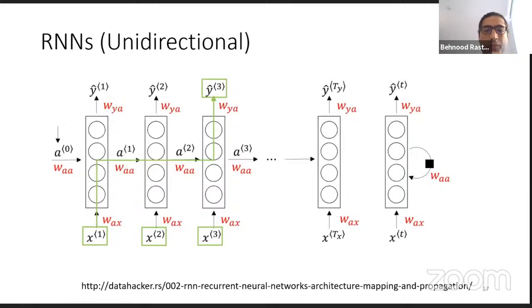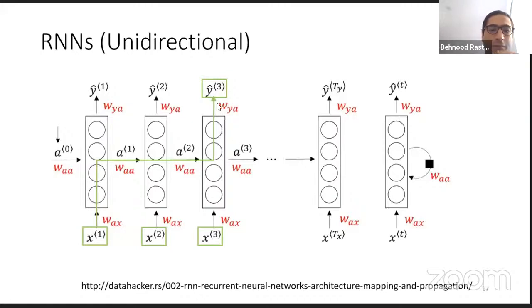Yeah. Okay. There are some good answers, which are all correct. But for unidirectional RNNs, basically the network is from left to right.